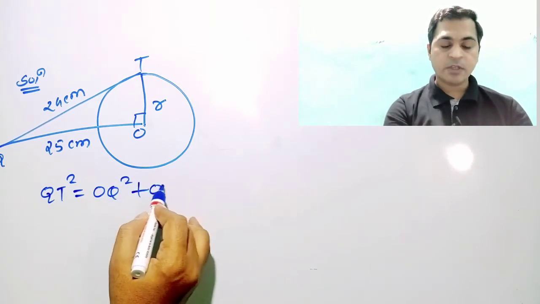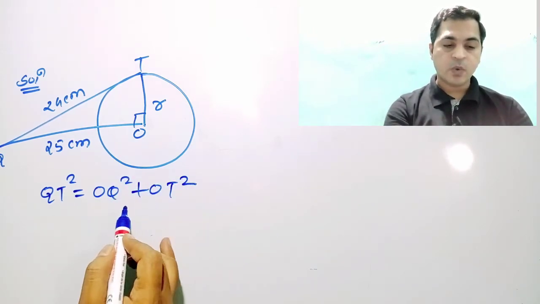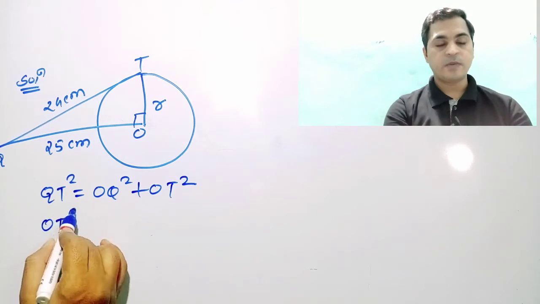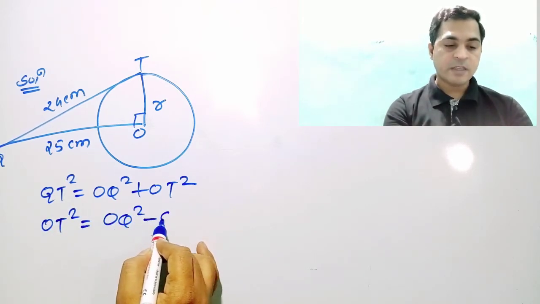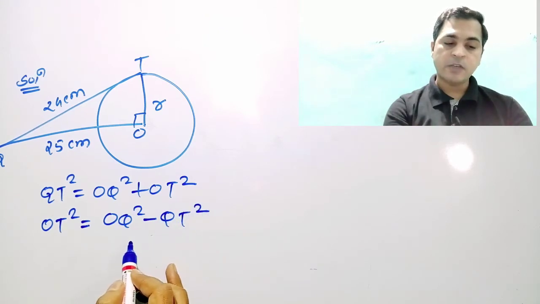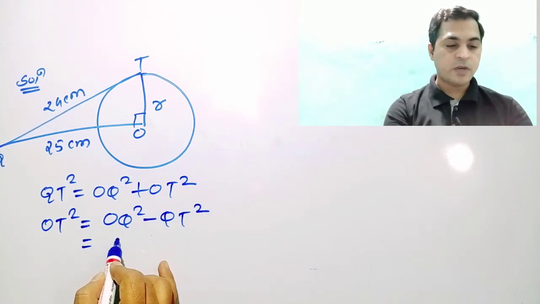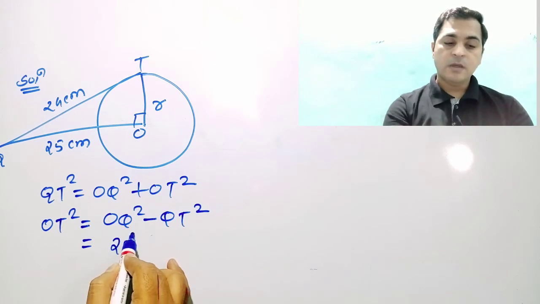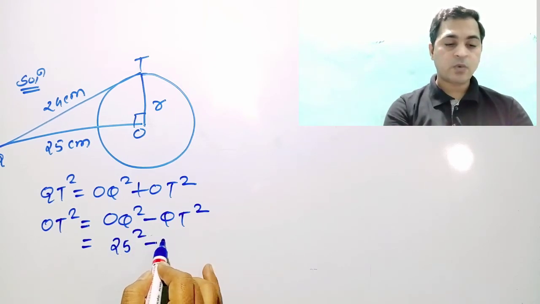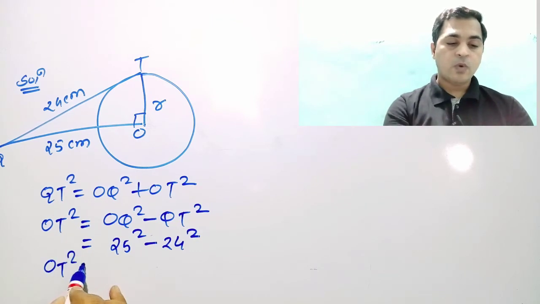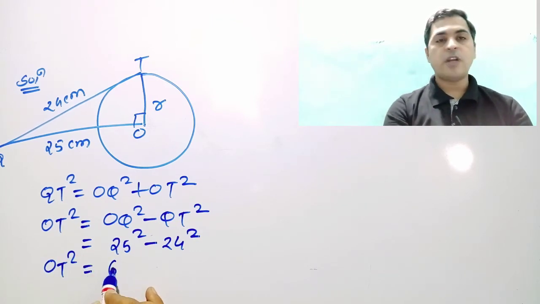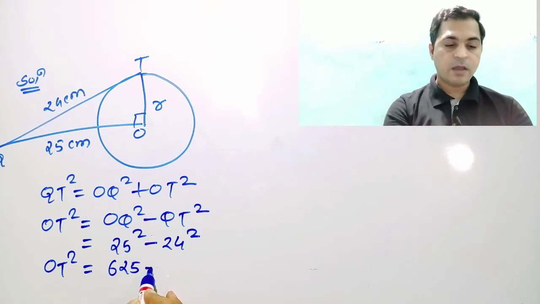So applying the Pythagoras theorem, OQ square is equal to OT square plus QT square. Making OT square the subject, we get OQ square minus QT square. The value of OQ square, students, is 25 whole square, and QT is 24, so 24 whole square. 25 whole square is 625, and 24 whole square is 576.